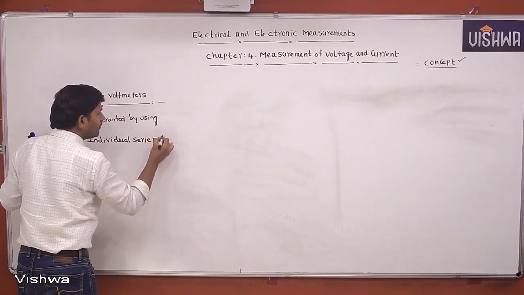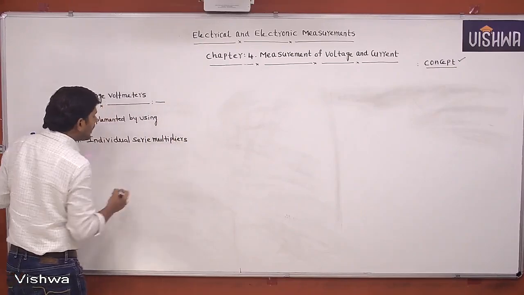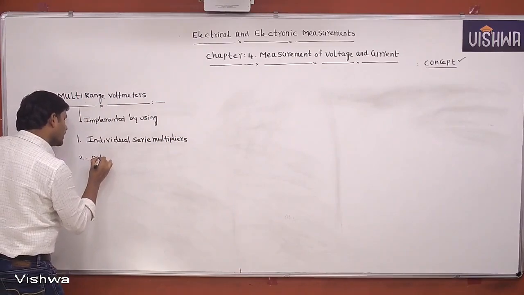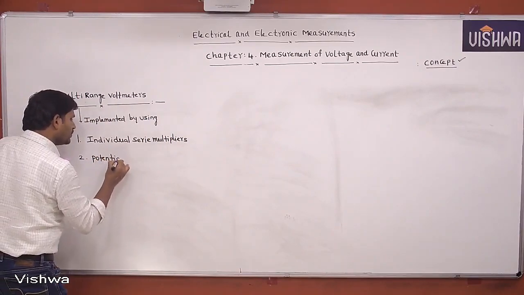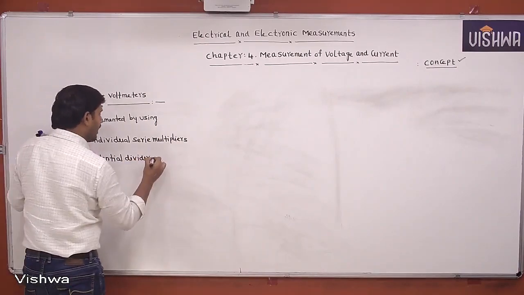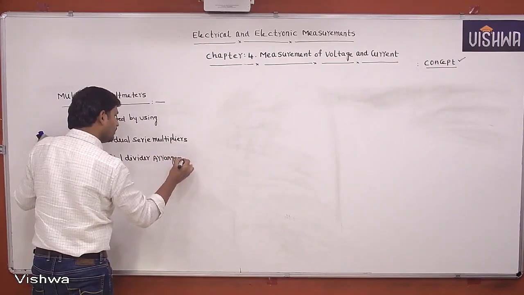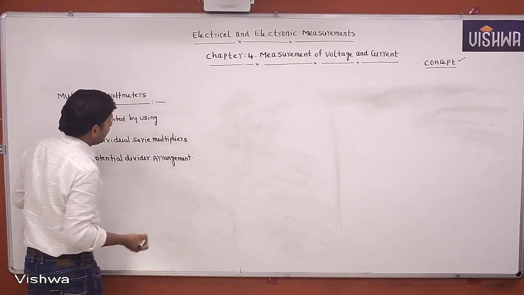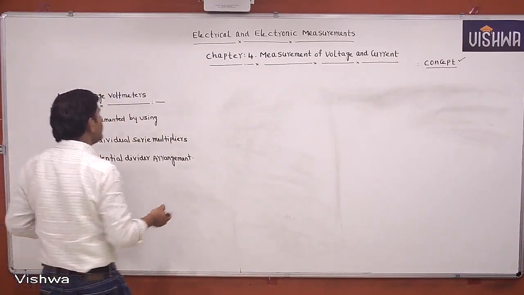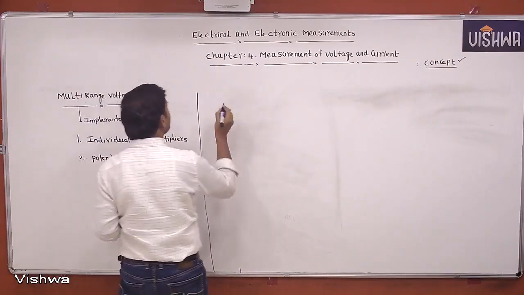Another one is using potential divider arrangement. First we will see how to implement using the individual series multipliers method.